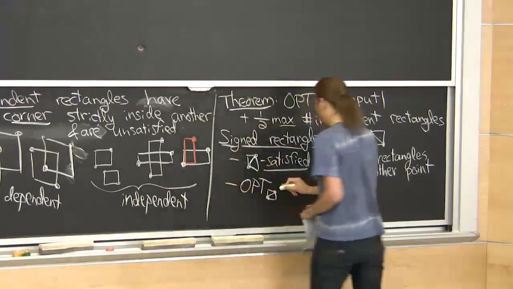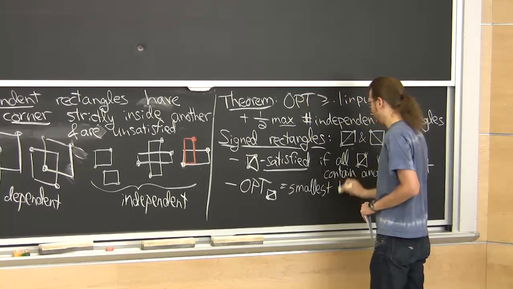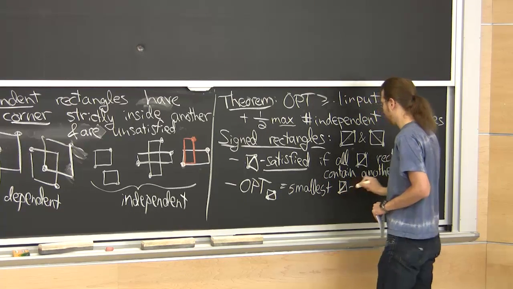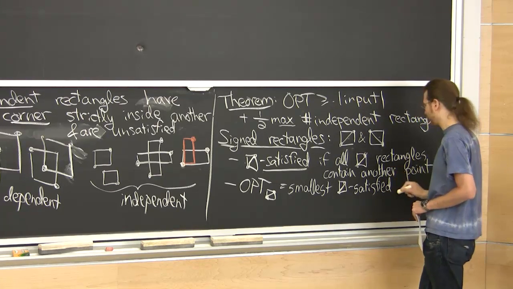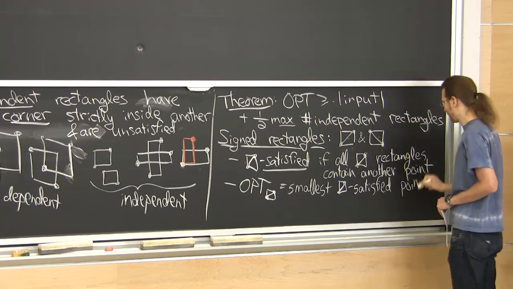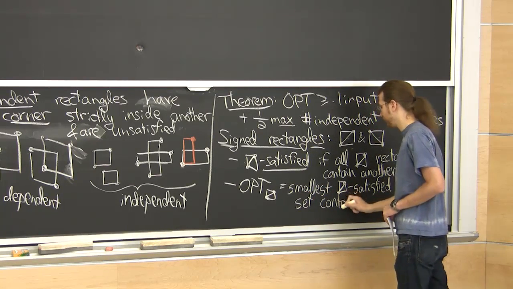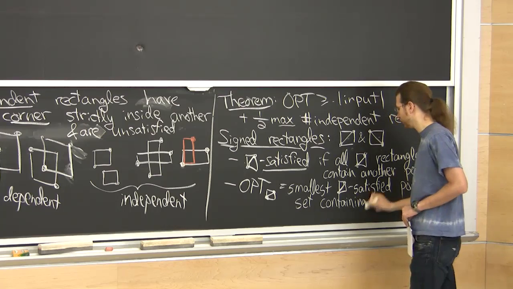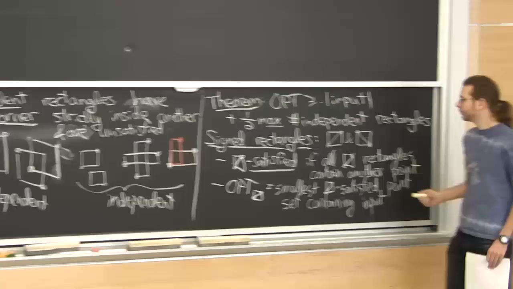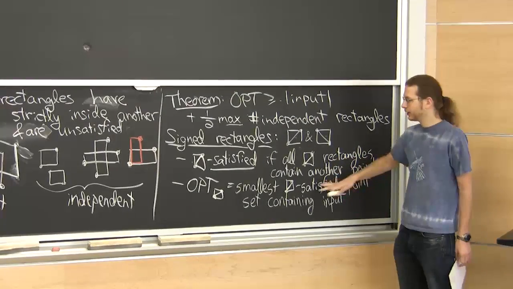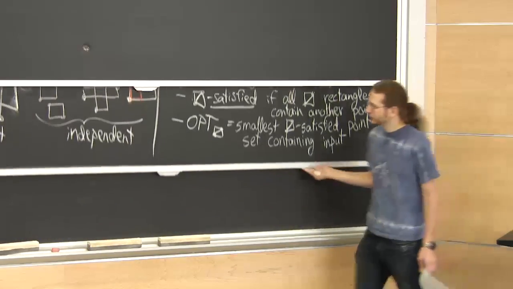So this is the smallest plus satisfied point set containing all the access points, all the given points. So we'll call that the input. Okay, OPT was the smallest arborally satisfied. OPT plus is where you just look at plus rectangles.